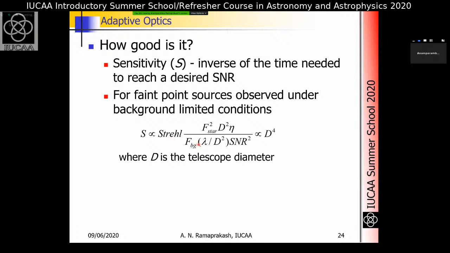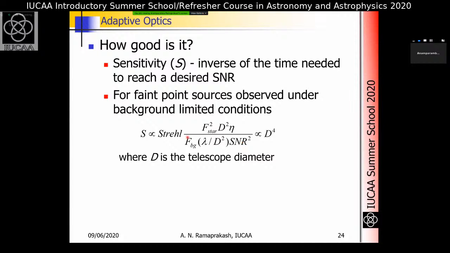So I am observing a star which is producing flux F using a telescope of aperture D, and my sky background, sky and background are the same, is producing a flux, and I measure this with a signal to noise ratio SNR.